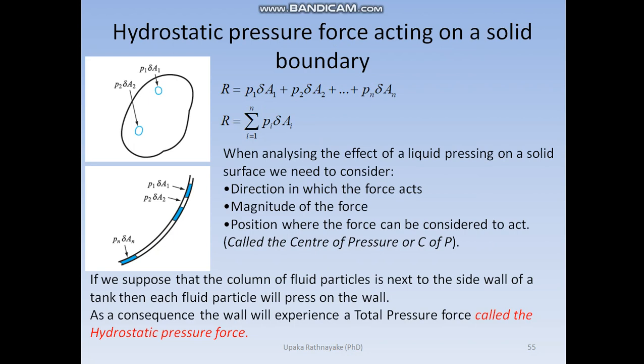Now, what are the most important points in a resultant force? We know force is a vector. Therefore, we need the magnitude of the force, and then, obviously, the direction of the force.